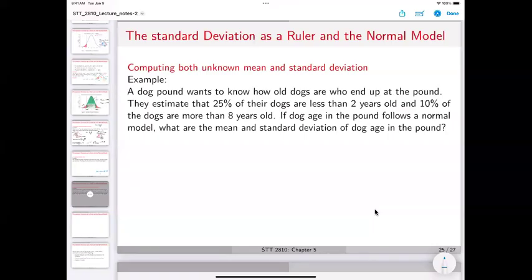We are told that the dog pound wants to know how old dogs are who end up at the pound. They estimate that 25% of their dogs are less than 2 years old. Can we see this one here? So if we are drawing a curve for that, and let's say that here is 2, do I shade to the left or to the right? To the left, right? Because it's less than 2.